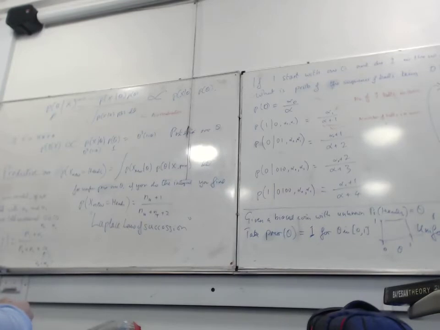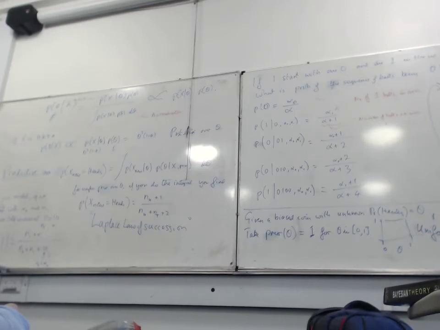So in this case, the beta distribution is conjugate to the binomial distribution. I'm not going to go through that, but essentially, with conjugate distributions, you can express the prior in terms of pseudo observations.